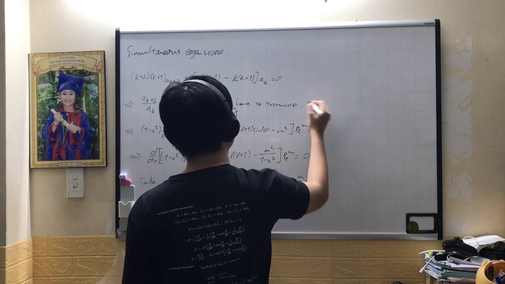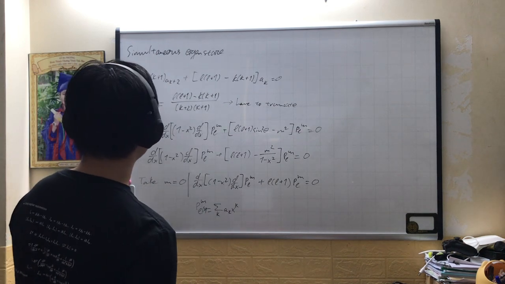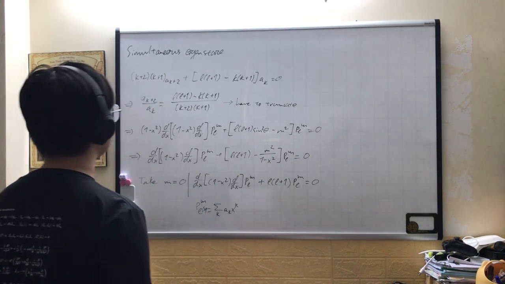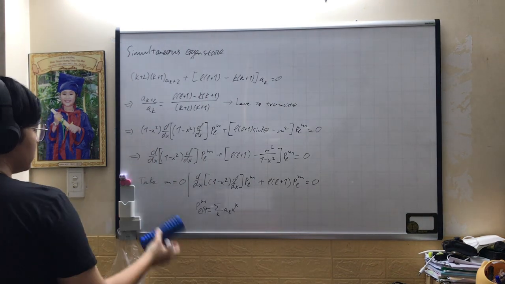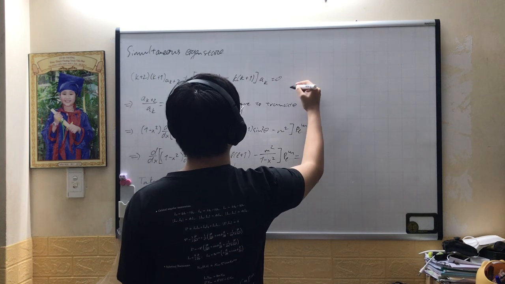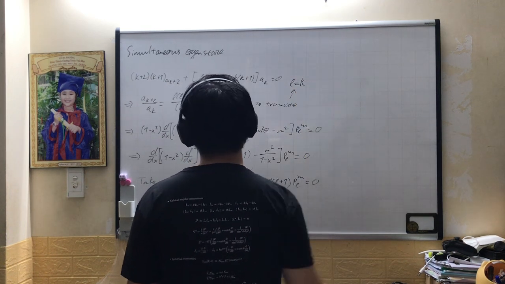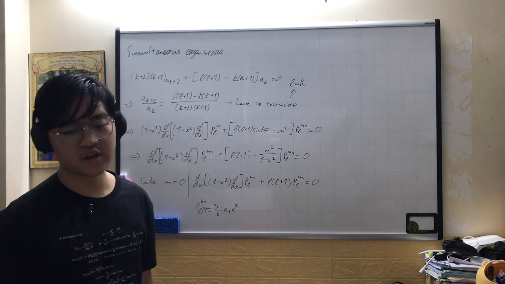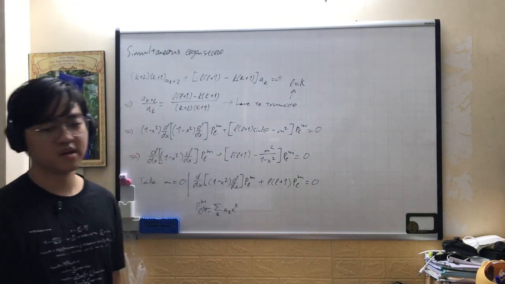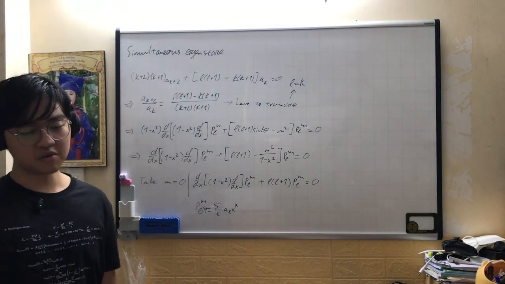Okay, so with this, you want it to truncate. You can see it almost immediately: you need l to equal k. So l has to equal k. So you substitute it back to your polynomial with m now equal to 0.